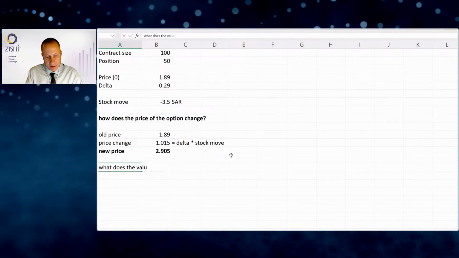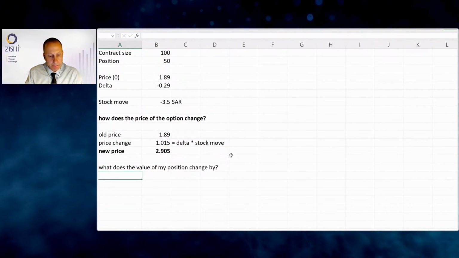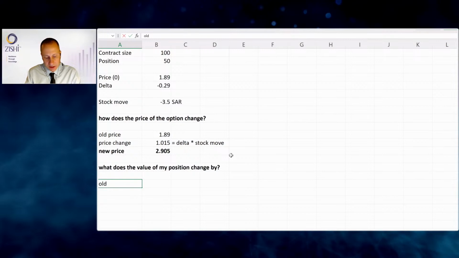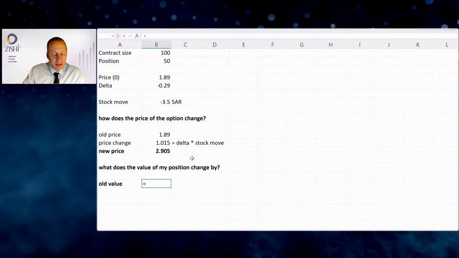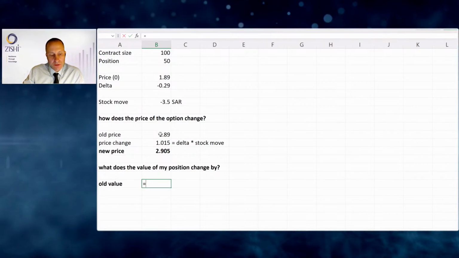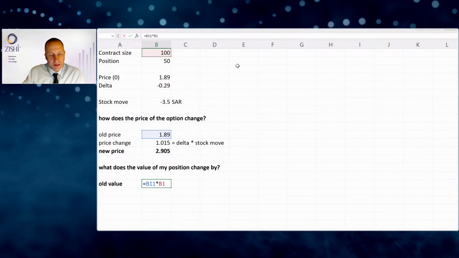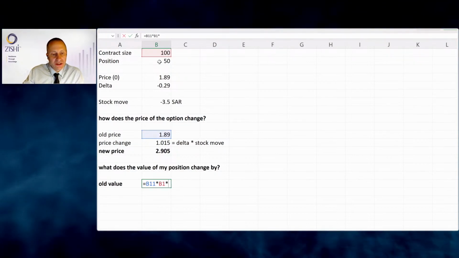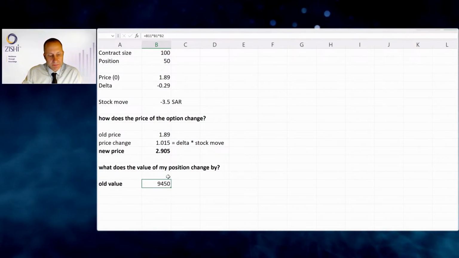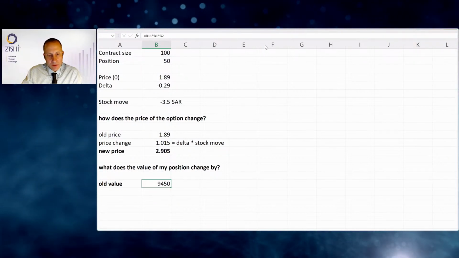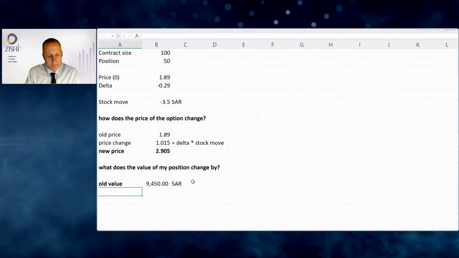If I just shrink this down a little bit, I can now say, okay, what does the value of my position change by? So again, let's start with the old value of my position. The old value of my position, given that I've bought this put option, is equal to its original price multiplied by the contract size of 100, multiplied by the position that I've got, long 50. So originally, when I bought this, I would have paid 9,450 rial for it.